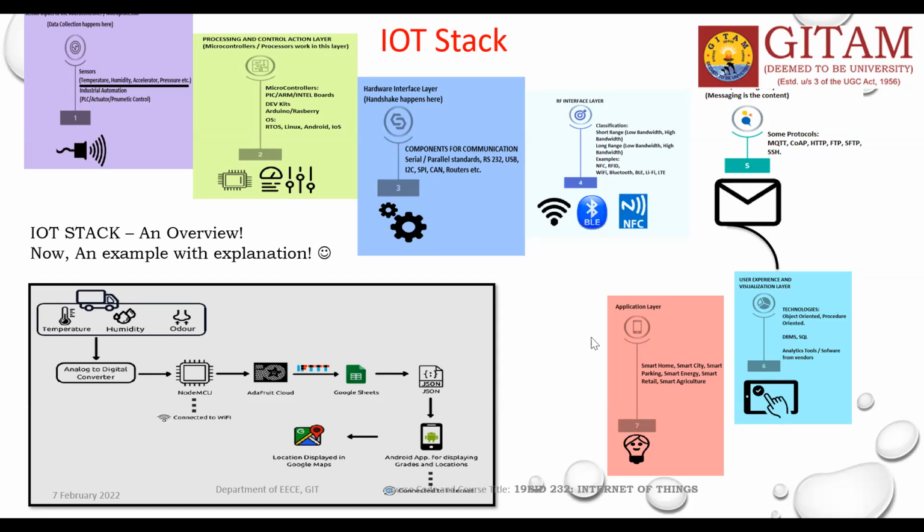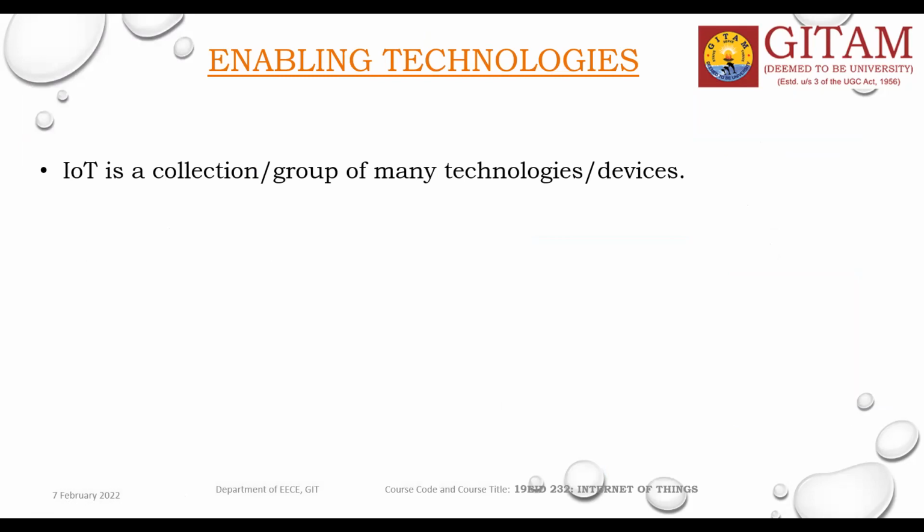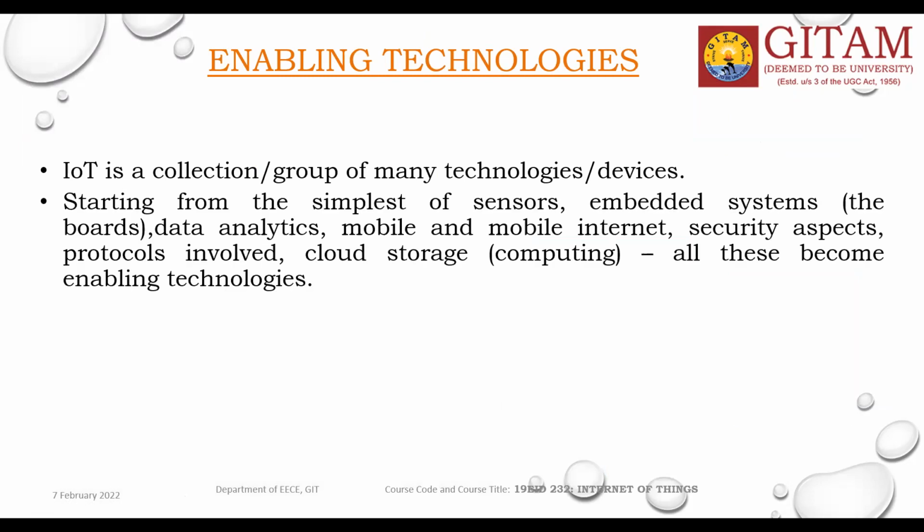So next one is enabling technologies. What are the enabling technologies? IoT is a collection or group of many technologies and devices, starting from the simplest of sensors, embedded systems, data analytics, mobile internet, security aspects, protocols involved, and cloud storage. All these become the enabling technologies.